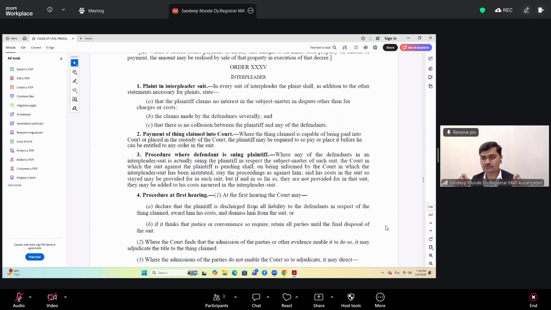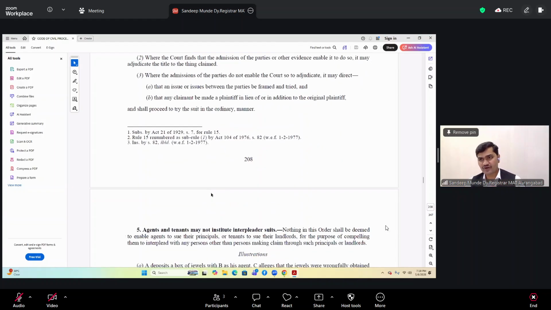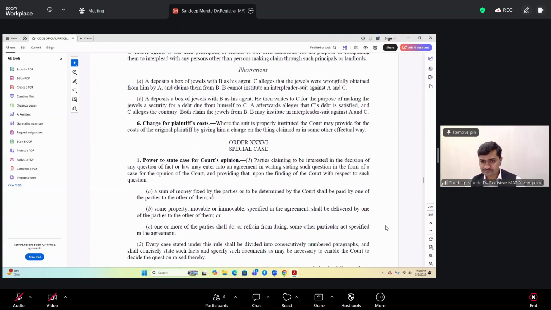The basic theme of the interpleader suit is that the plaintiff is not interested in any relief except the claim or the charges. This is the concept of Order 35 or Section 88 interpleader suit.